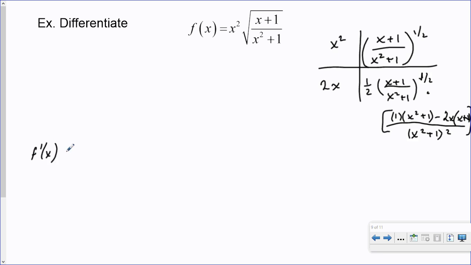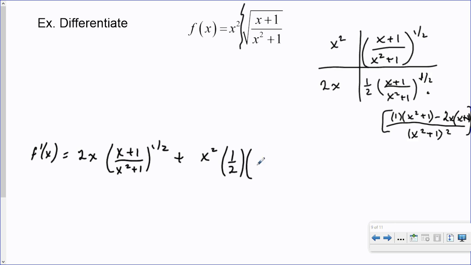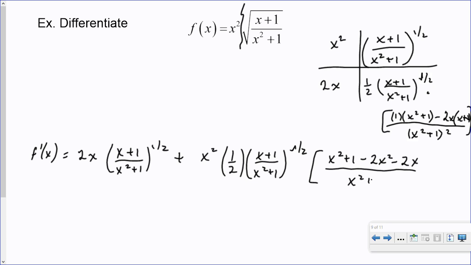So f prime is now the product rule. So 2x plus x squared times 1/2 x plus 1 x squared plus 1 to the negative 1/2, and then x squared plus 1 minus 2x squared minus 2x all over x squared plus 1 quantity squared, close my bracket, and that's pretty large.